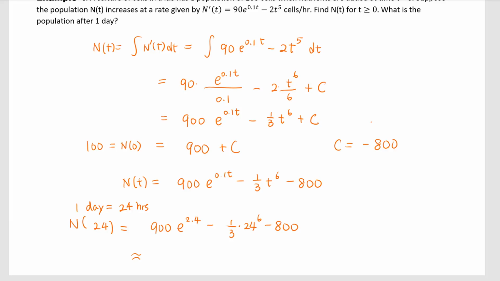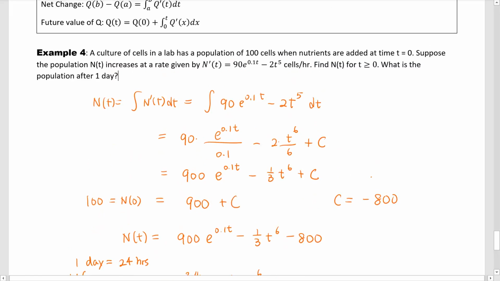Okay, I think there's something wrong with my problem. Okay, so let's flip the sign. Let's make this guy negative, and let's change this guy to positive, because I think I made a mistake when I made up this problem.